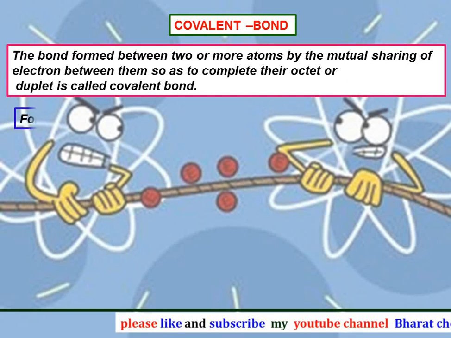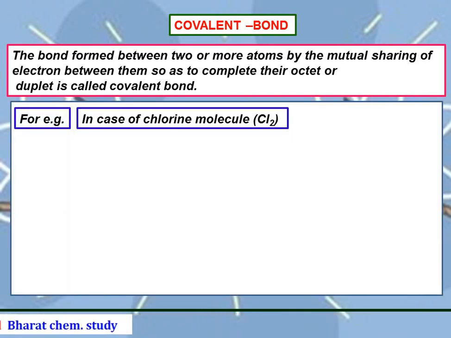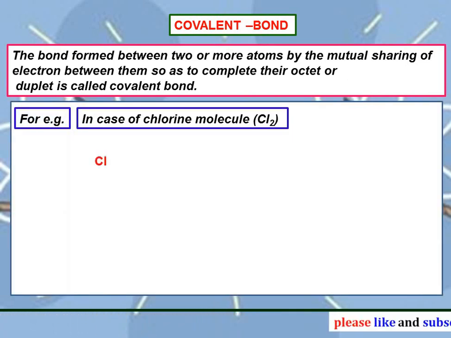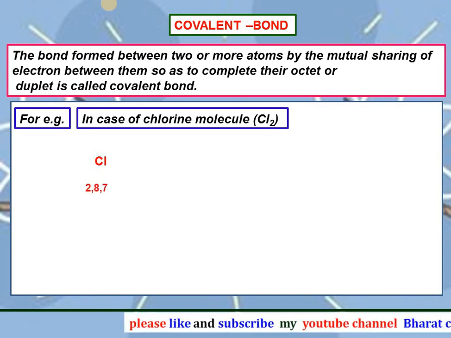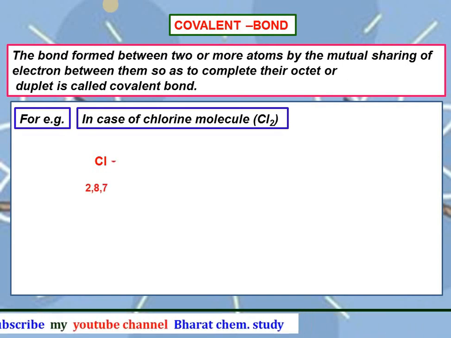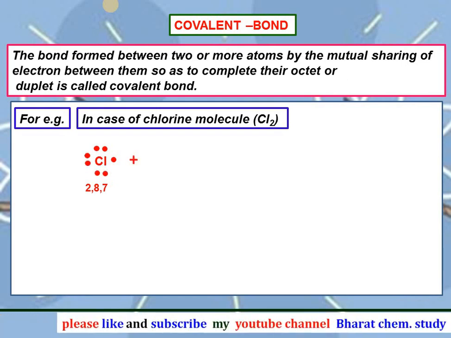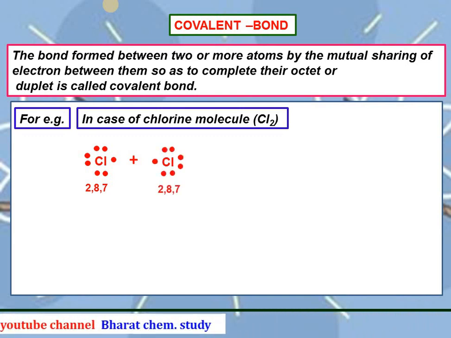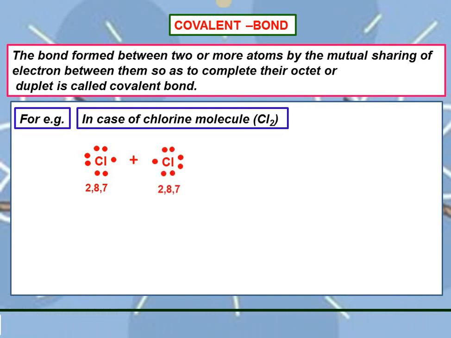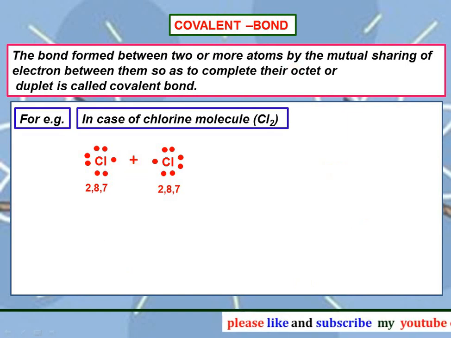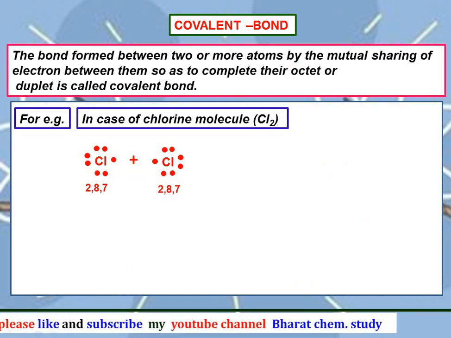Let's understand this by example. In case of chlorine molecule, one chlorine atom has electronic configuration 2, 8, 7, that is 7 valence electrons in its last shell. And when one more chlorine comes close to it, this second chlorine also has 7 valence electrons. So none of them are in a position to lose or gain electrons.